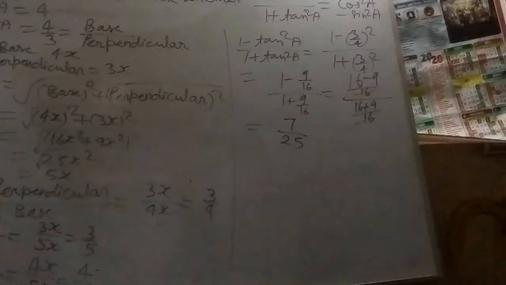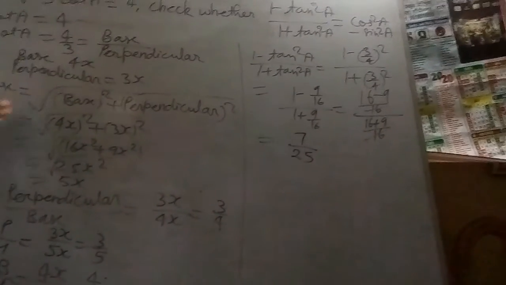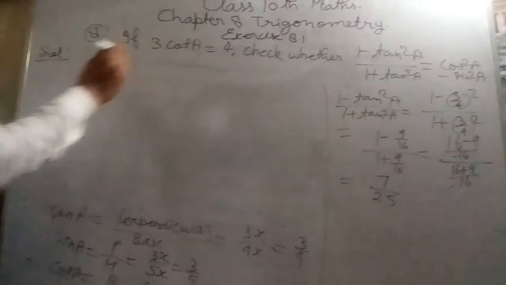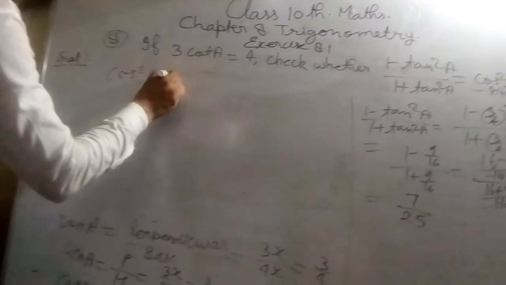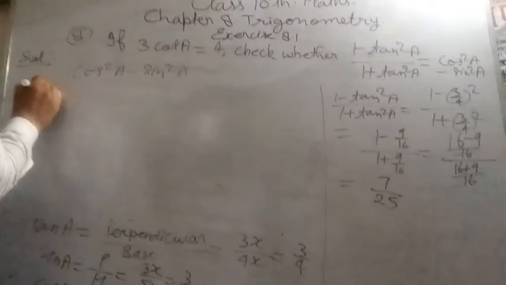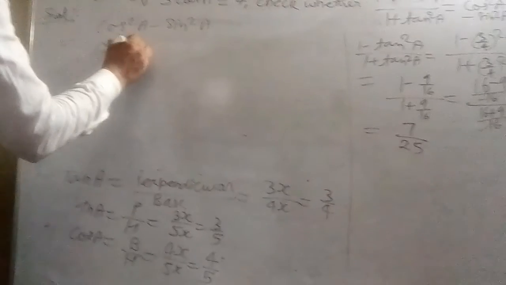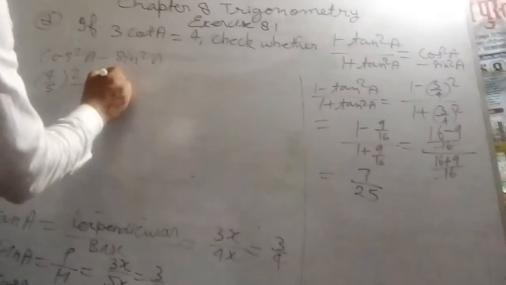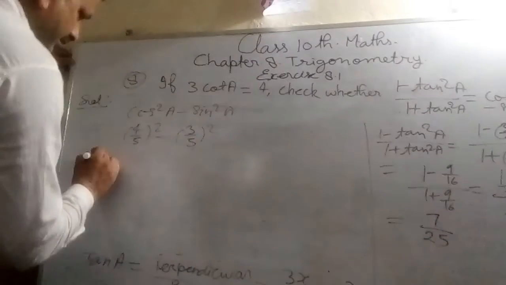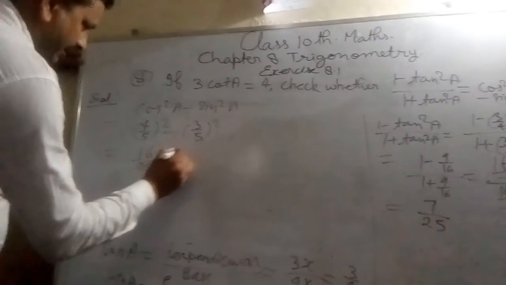Again find out cos square A minus sin square A. Now cos square A minus sin square A equal to 4 by 5 square minus 3 by 5 square, 16 by 25 minus 9 by 25.